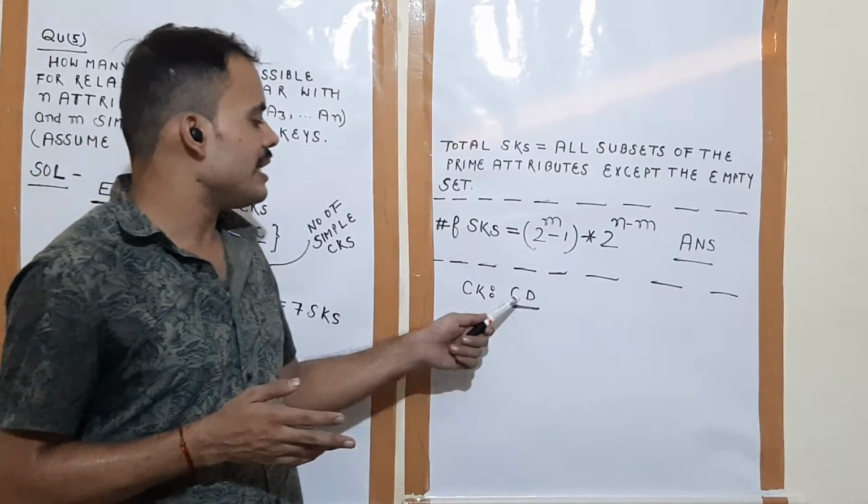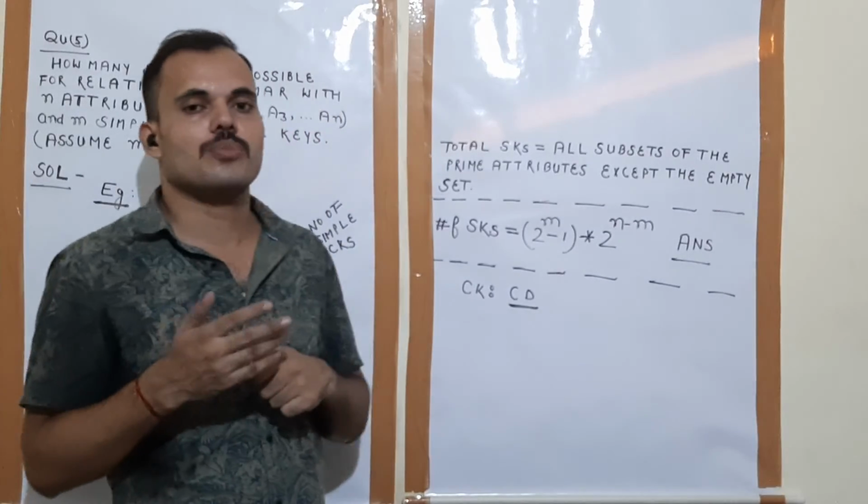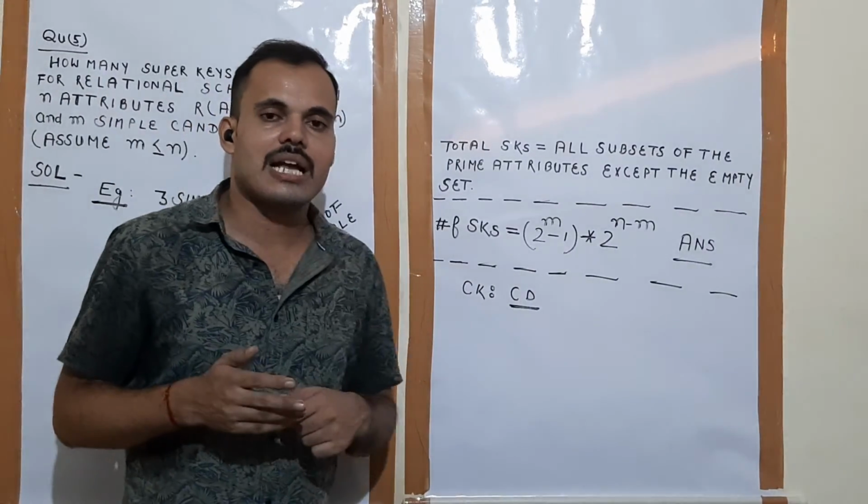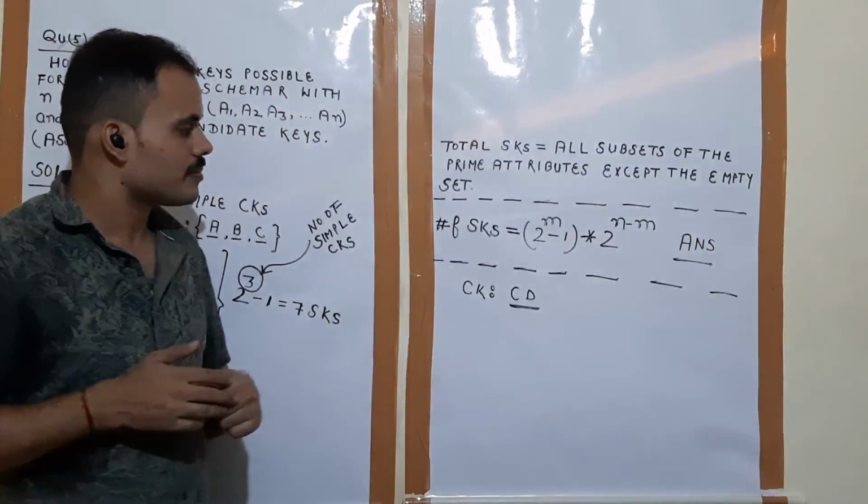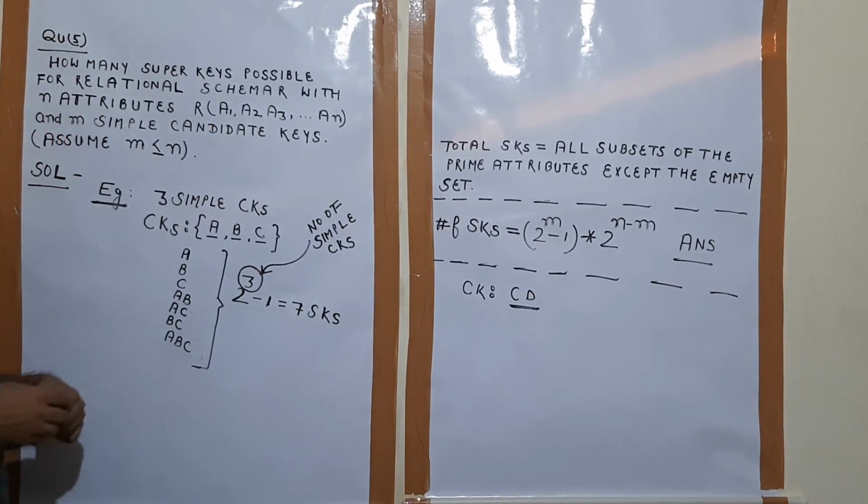Understood? D alone is not a super key because CD is the candidate key. Understood? Okay. Thank you.